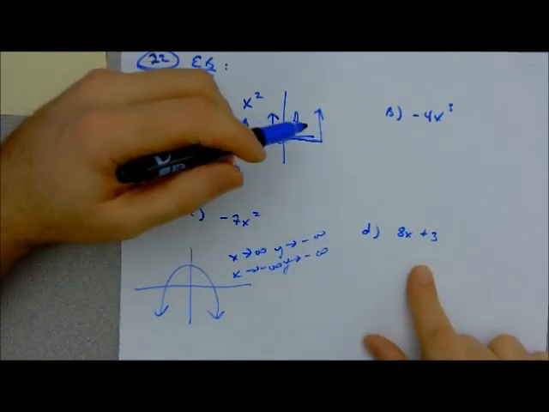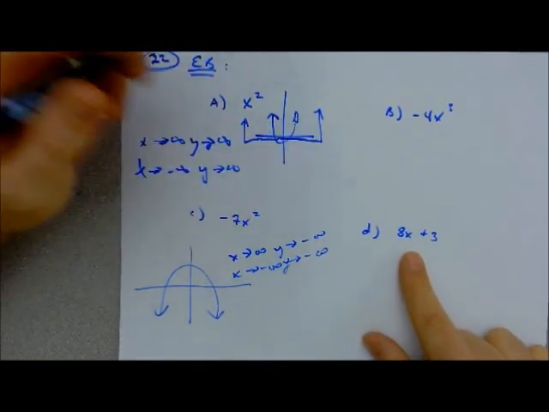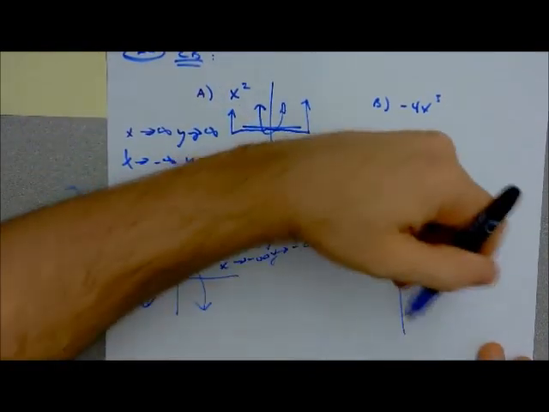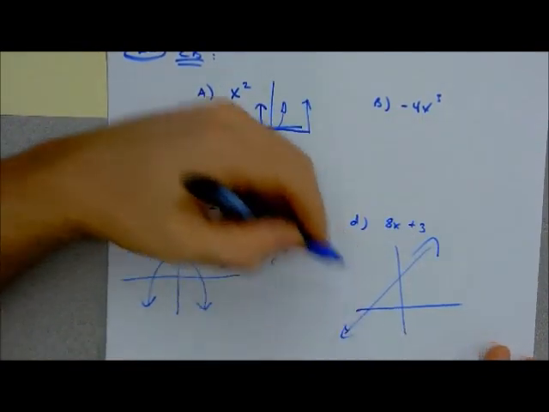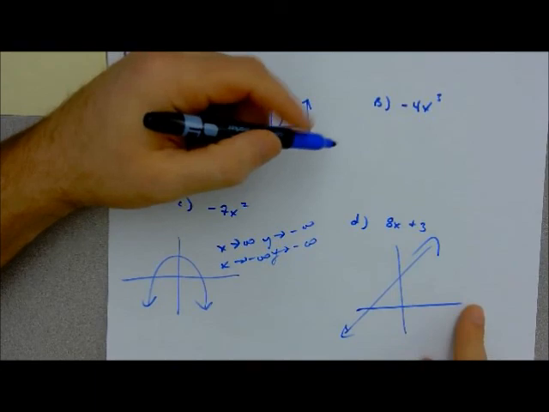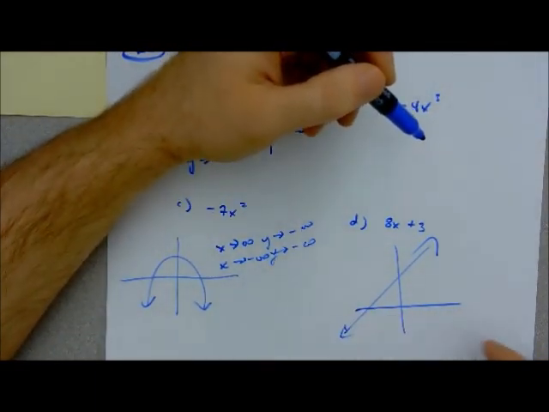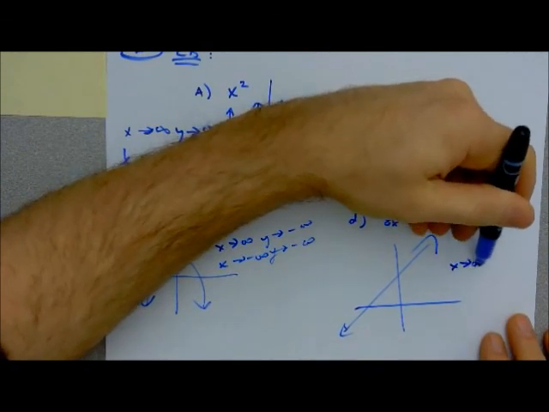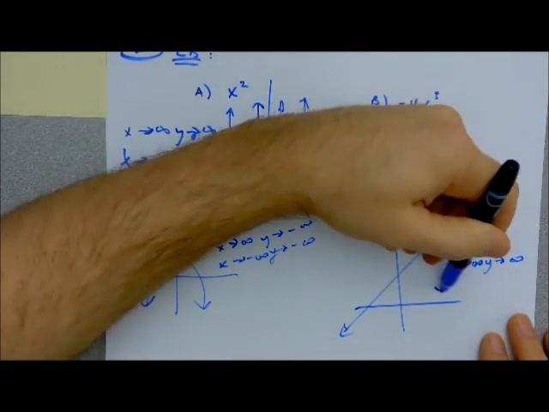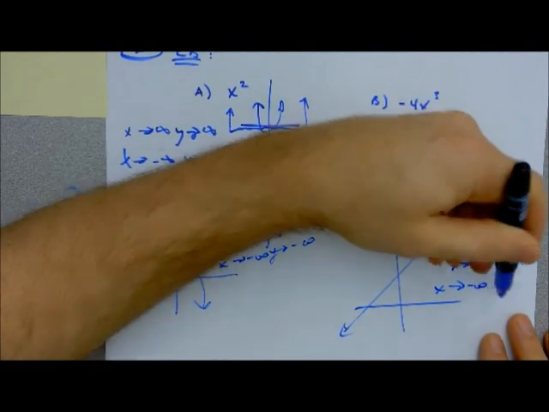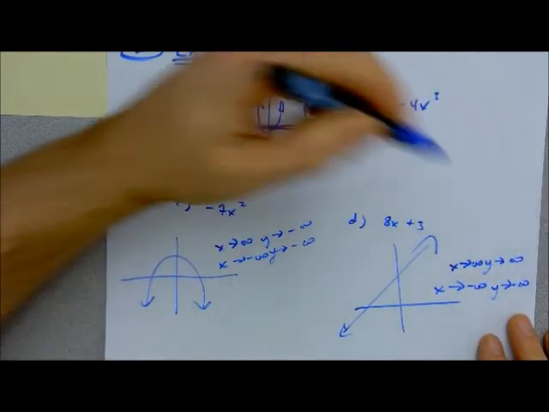Over to part D, this is a line with a positive slope. So if you just sketch any line you want with a positive slope, we can say as x goes to the right, y goes up, and as x goes to the left, y goes down.